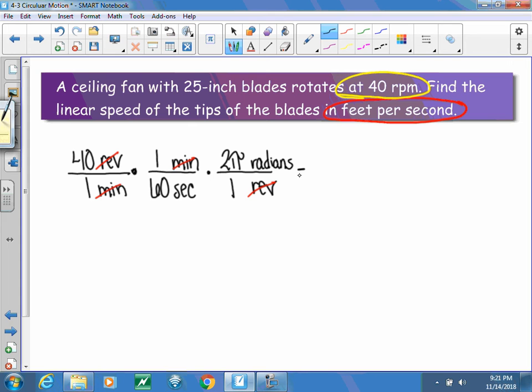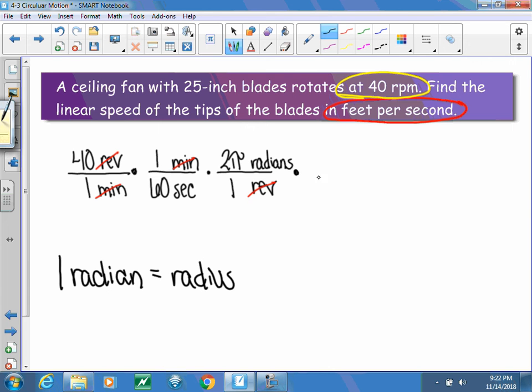Now how are we going to cancel this out and get from radians into feet? Here's the idea of what a radian is. Remember that 1 radian is equal to the radius of your circle. If I know that my ceiling fan has a 25-inch blade, that means the radius is 25 inches.